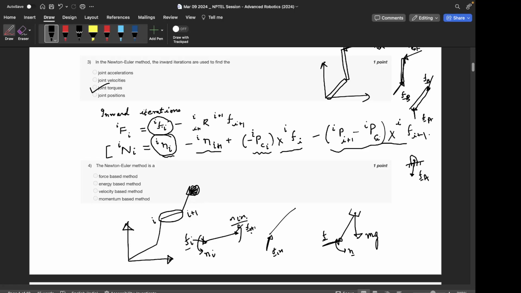There can't be two unknown vectors in the same equation. So in the first equation you solve for f i. Then in the second equation you know f i, f i plus 1 and n i plus 1, again because of inward iteration, so the only unknown remaining is small n i. Again only one unknown, so you solve the second equation also.